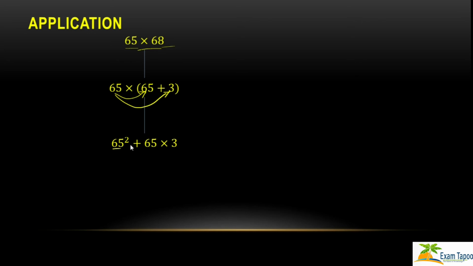I can apply my squaring method that I learned in lesson 1. For the square of 65, first I have to identify the number before 5, that is 6. I will increment this 6 by 1 and multiply the result to 6 itself. It will give you 6 times 7, which is 42.